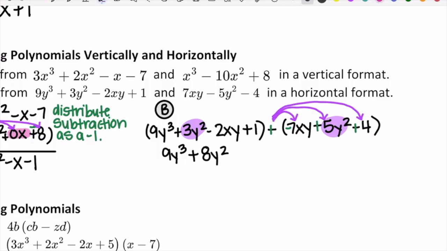All right, then I have xy, so that's negative 2xy, and now it's negative 7xy, so that's going to make it minus 9xy. And then finally, I have a 1 and a positive 4, so that's going to be plus 5. So whenever you have subtraction, you can always convert subtraction into addition. Just distribute the subtraction sign as a negative 1.